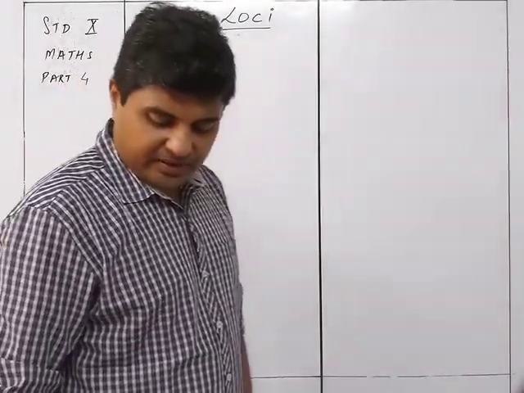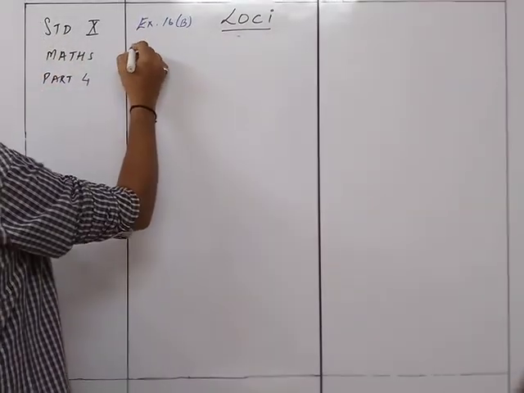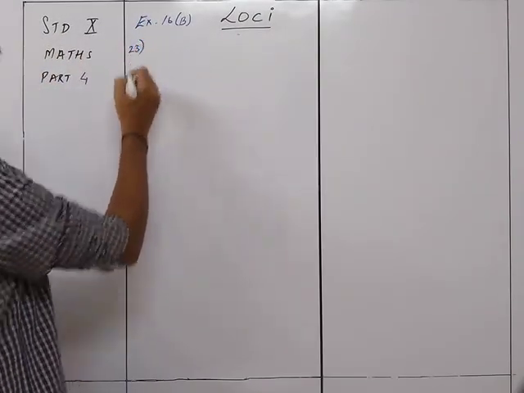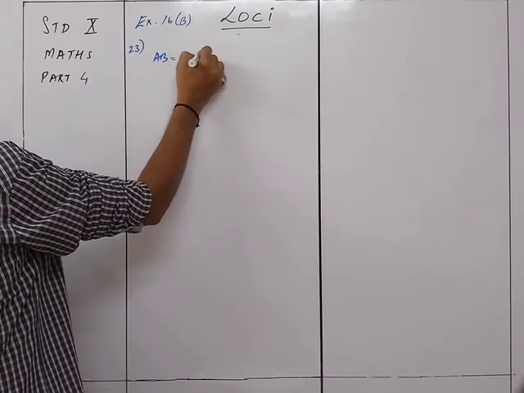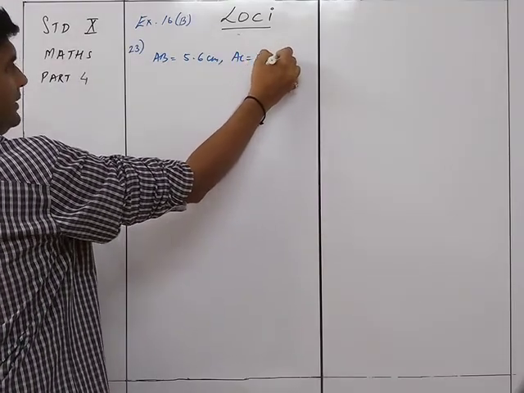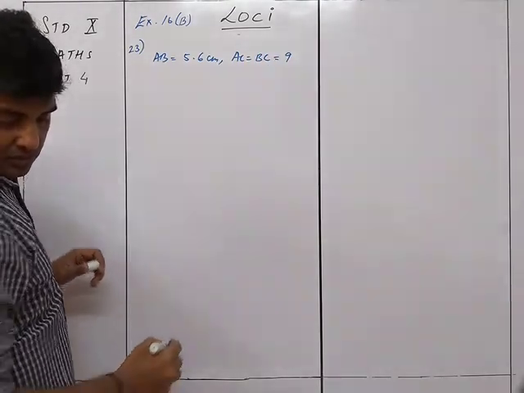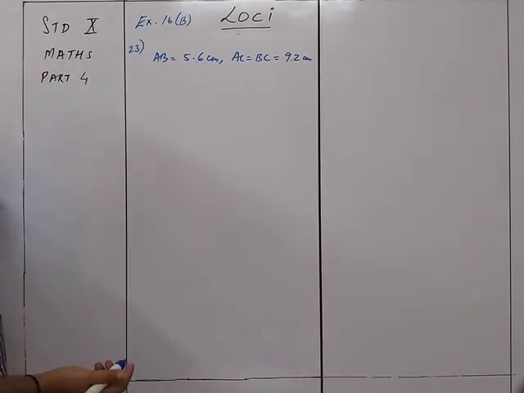Construct a triangle ABC with AB equal to 5.6 and AC equal to BC equal to 9.2 centimeters. So this is the 23rd sum. We first draw this triangle.